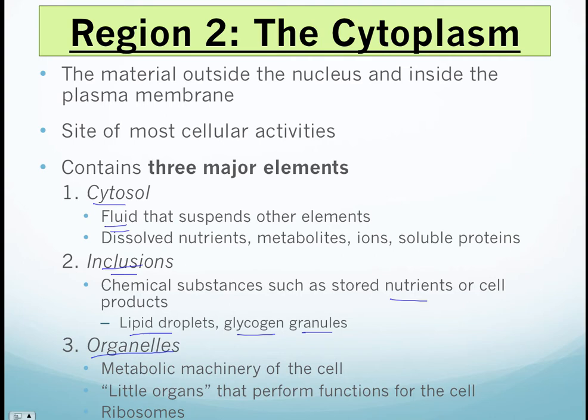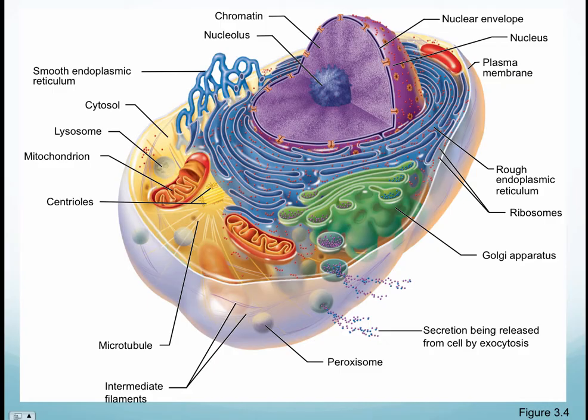And just like our body, how we can function, whether we have digestion or respiratory systems, our body can carry out different processes because of our organs that carry out these reactions for us. Now, in a cell, we also have metabolic machineries through these little organs called organelles. And so this entire lecture, we're going to go over the different organelles and then finally conclude with how they come together for protein synthesis.